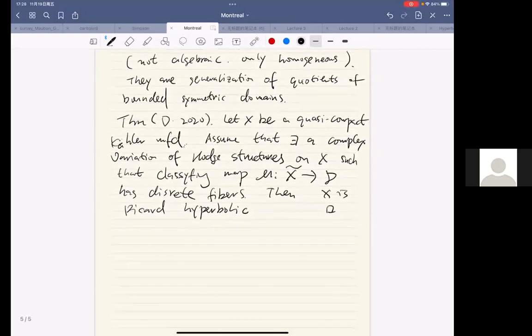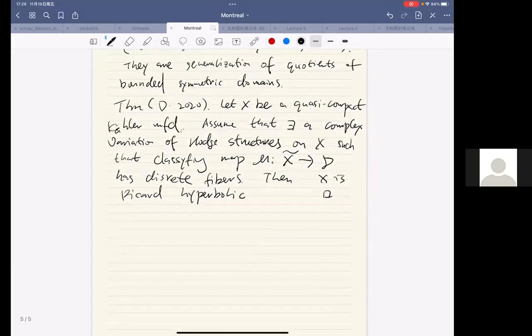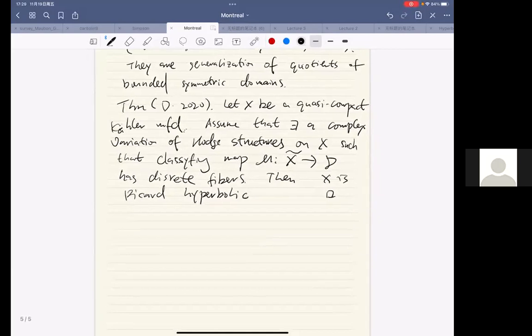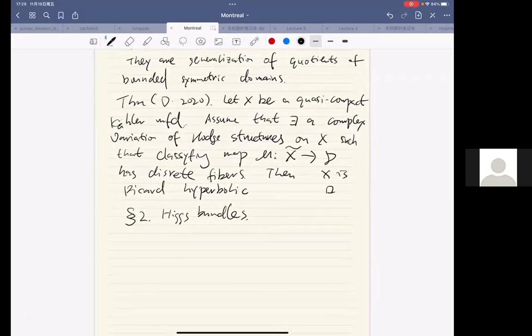So now we will move to the main scenes today. Some technical things, and I will explain the main result I want to prove. So, Higgs bundles, or harmonic bundles. The definition of a Higgs bundle is very easy.